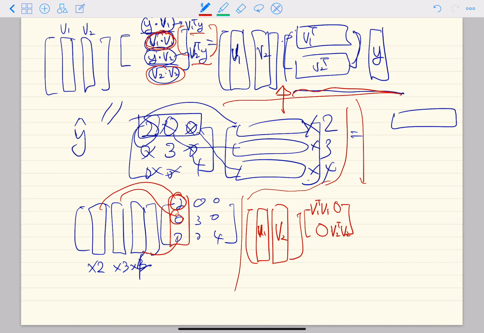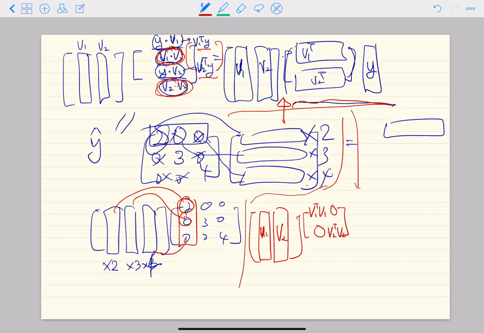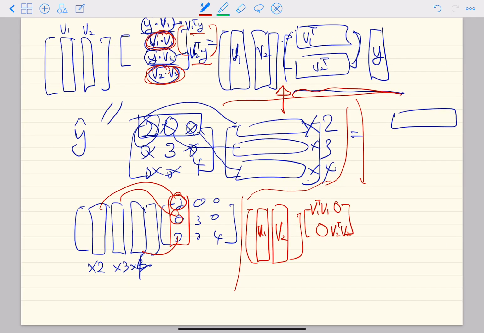So this is the self inner product of V1 and V2, right? I just rewrote it into this matrix multiplication form. Okay, so in that case we have this V1 transpose, V2 transpose, and Y.